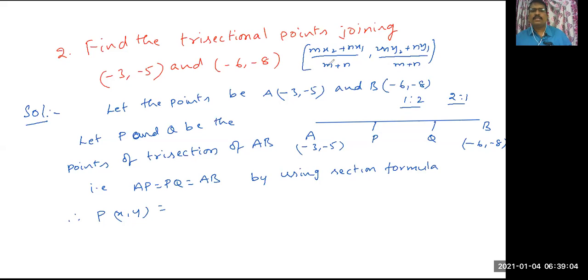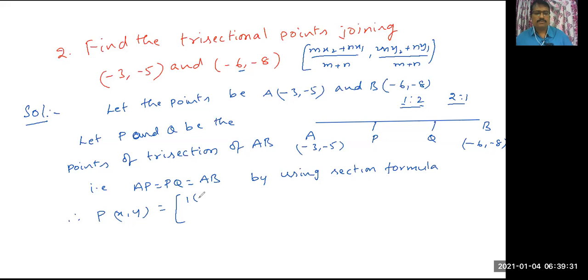So proceeding this way, P x y is equal to, here m is 1 and n is 2. First I took 1:2, earlier we took 2:1, and now we take 1:2. So P x y is equal to, here m is 1, that's why 1. Here x2 is minus 6.